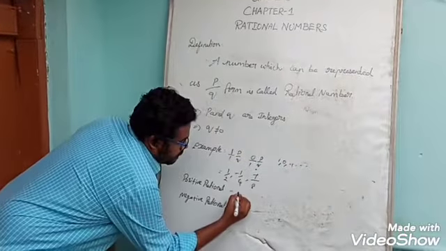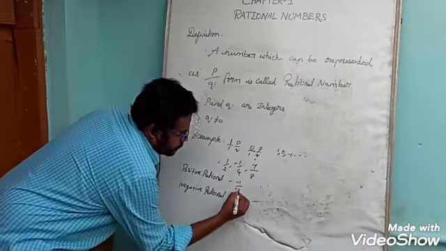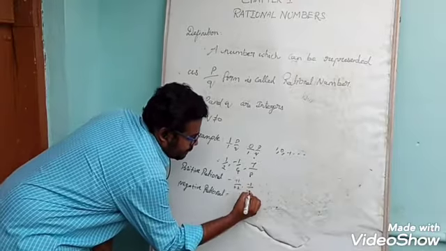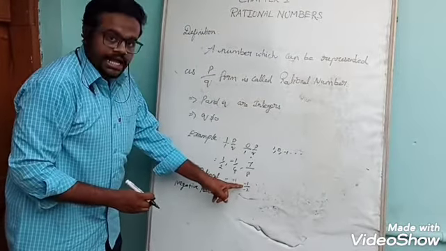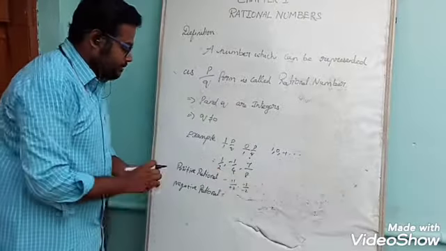For example, plus 1 divided by plus 2, as well as minus 1 divided by minus 2. Here the minus signs cancel, and we get a positive rational number.